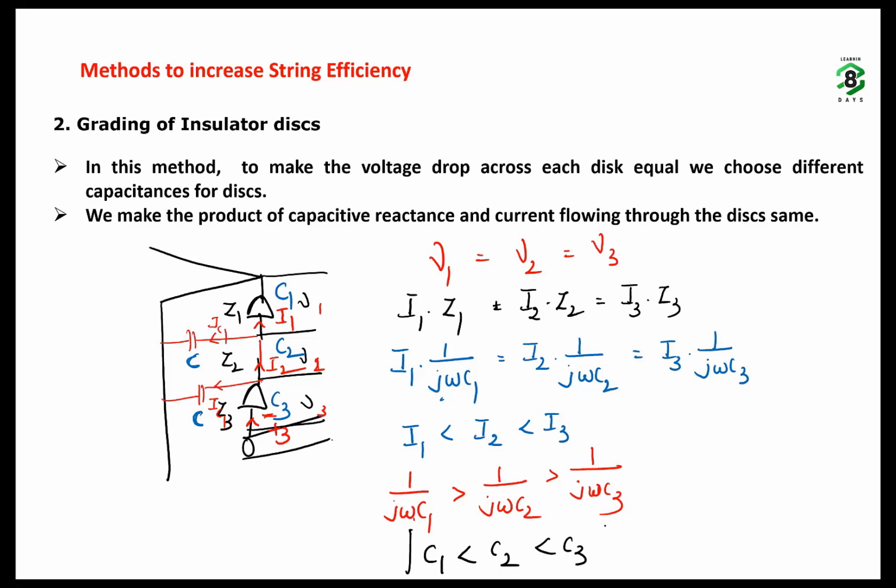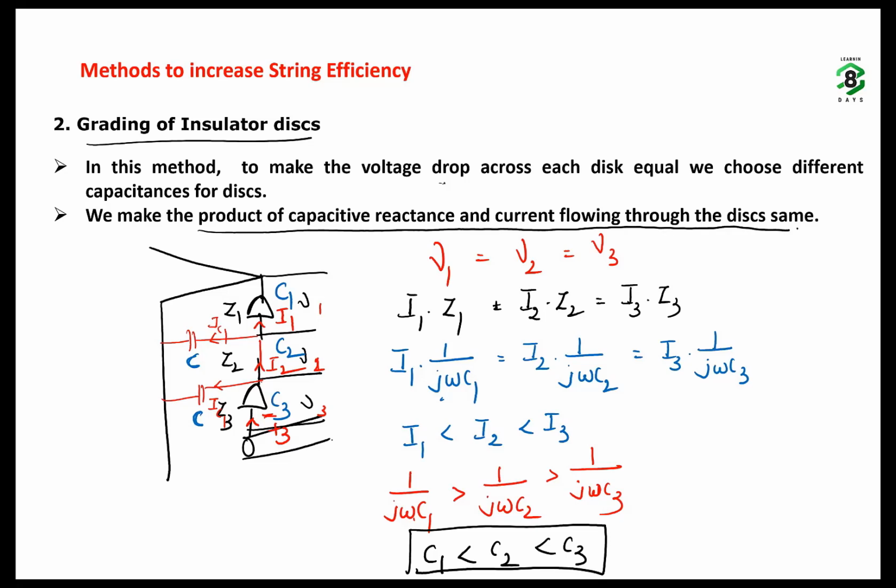So if we grade the insulator such that their capacitances are in this sequence, then we can achieve 100% string efficiency. Grading of insulator discs means, to make the voltage drop across each disc equal, we choose discs with different capacitances. So here we make the product of capacitive reactance and current flowing through the disc the same.